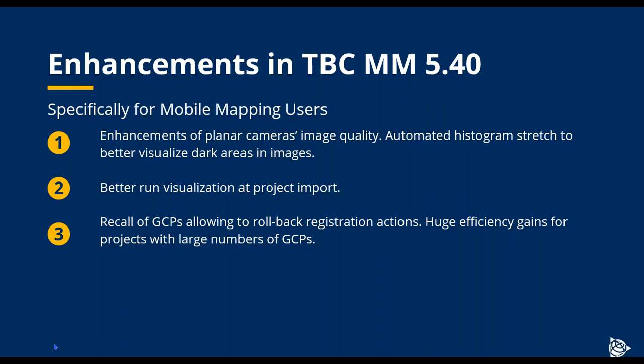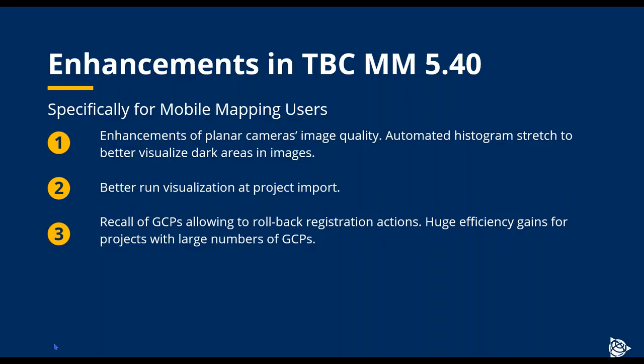We are also continuously working on user experience improvement, and now TBC allows you to visualize runs in a better way by automatic coloring of the runs. So it allows people to manage their projects and their data in a better way.